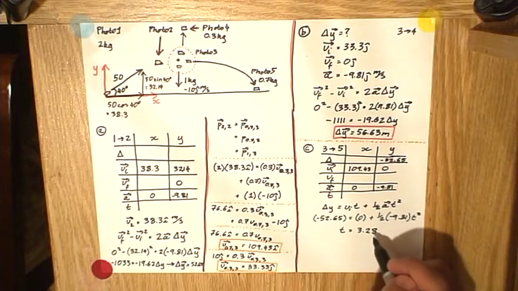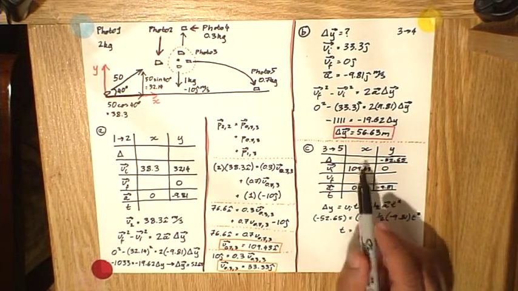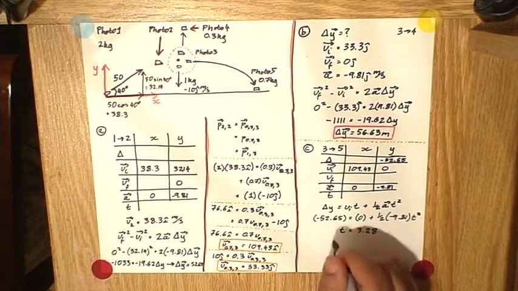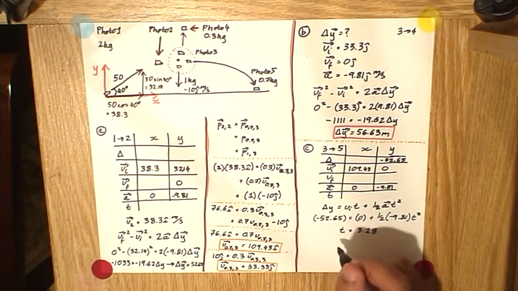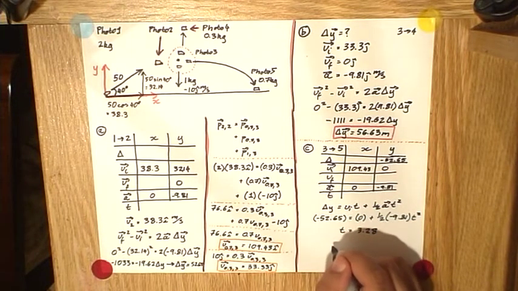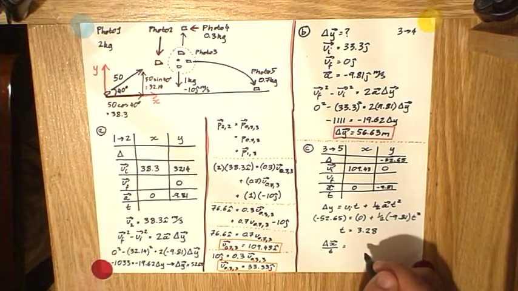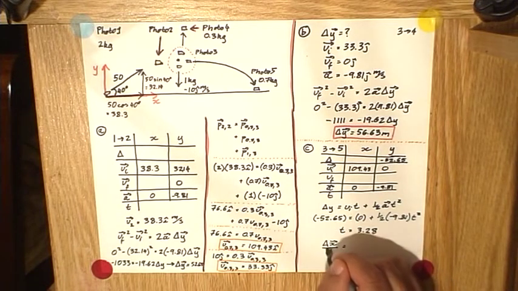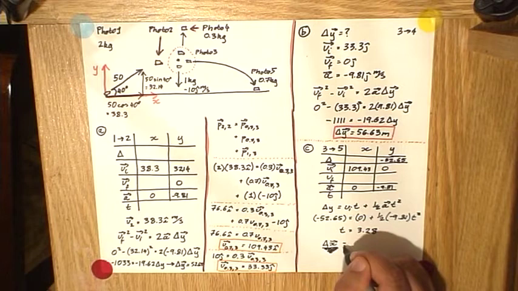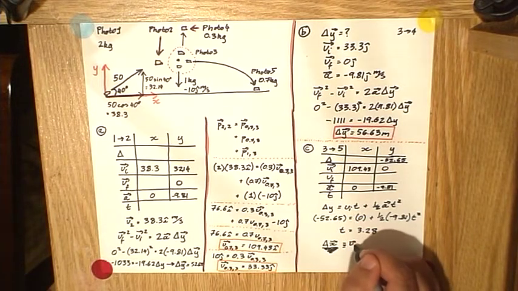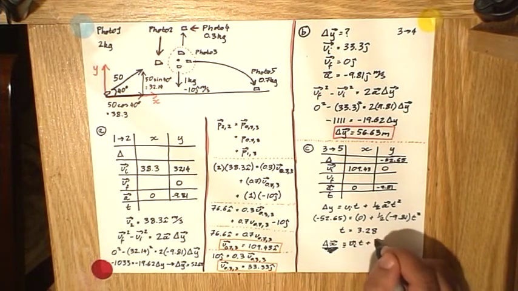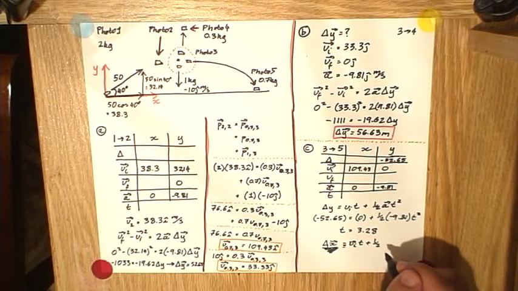Last of all, we now know the time, we need to solve for the displacement in x, and the easiest way to do that is to use toolbox equation number 3. Delta x divided by time is equal to, or actually better still, toolbox equation number 2 would do better over here. Delta x is equal to v initial times t plus 1/2 a t squared.